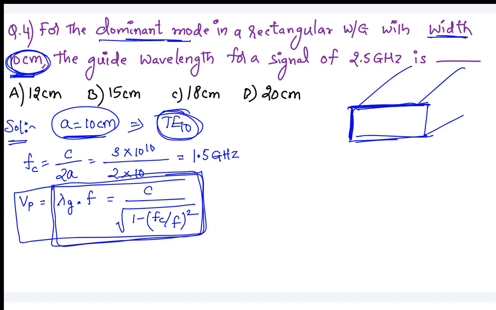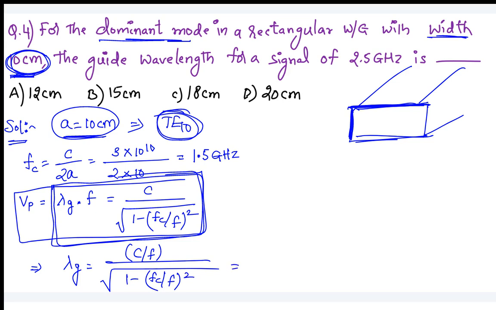Now the lambda g value can be written as c by f divided by root over 1 minus fc by f whole square. Now you know everything. The frequency is 2.5 gigahertz and your cutoff frequency is 1.5 gigahertz.